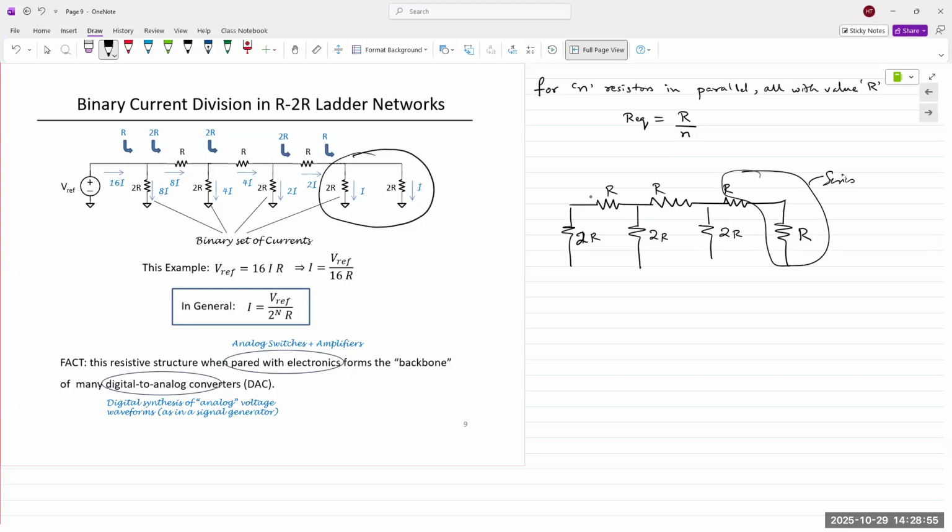Because that's a pathway to ground. This R is 2R in parallel with 2R. And the series connection, R plus R gives me 2R again.